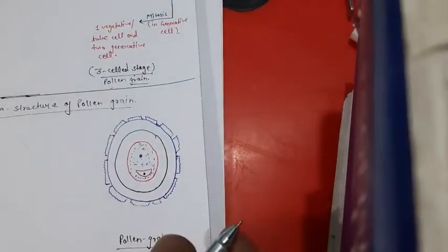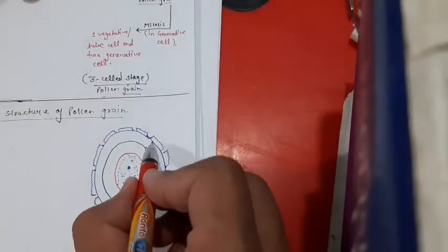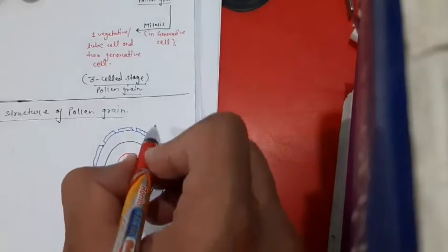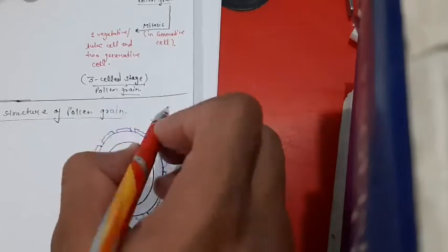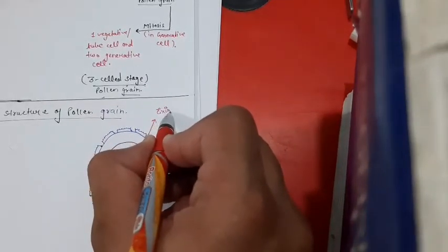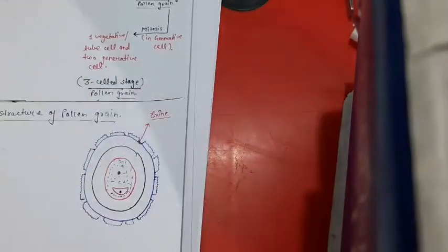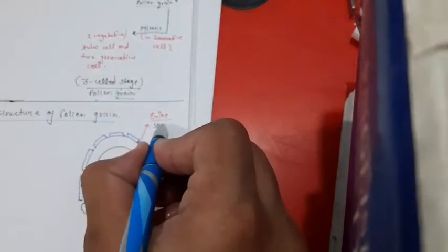So you will see here the outermost layer. This outermost layer is called exine. What is it called? Exine. Exine is made up of what?